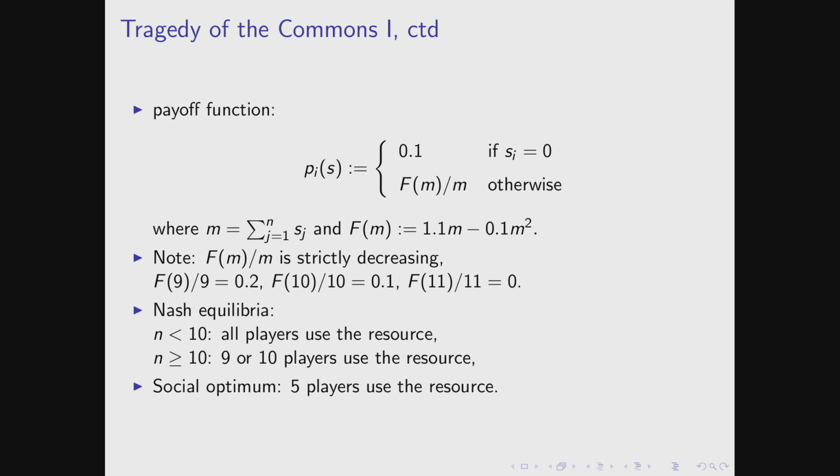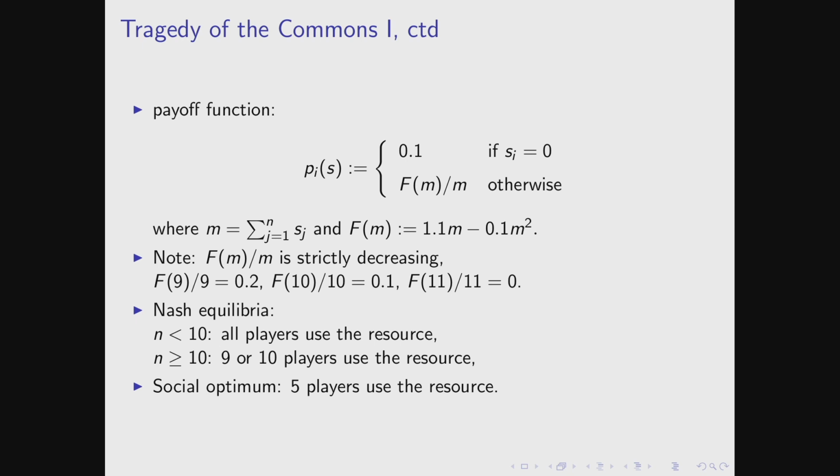But now you ask the question, what's the best for the society? You go back to the definition of social optimum. You add all the payoffs, you get this social welfare function, and you want to maximize it. So you have this SW function, which is the sum of the payoffs, and you choose its maximum.